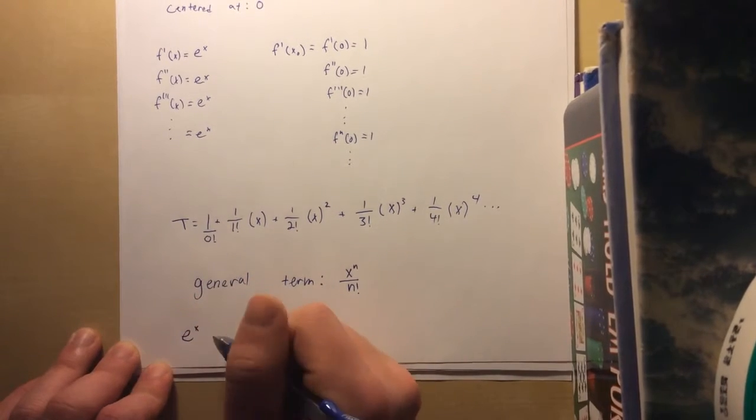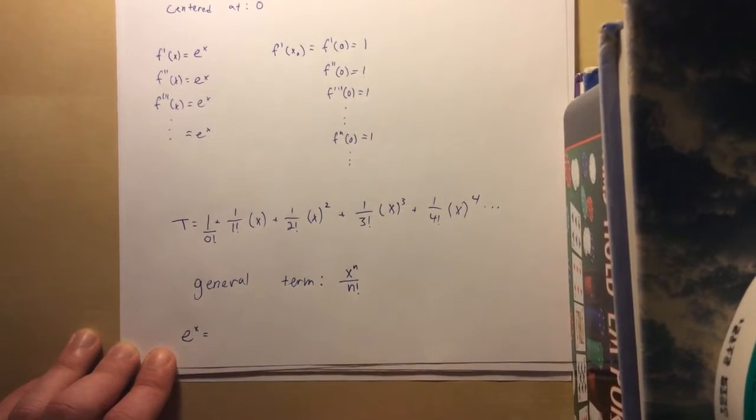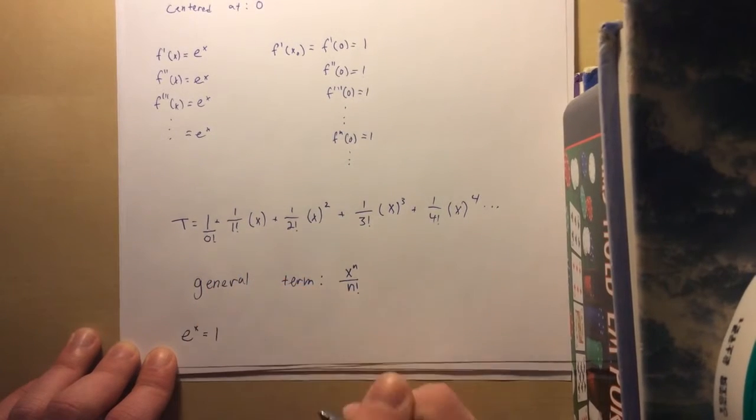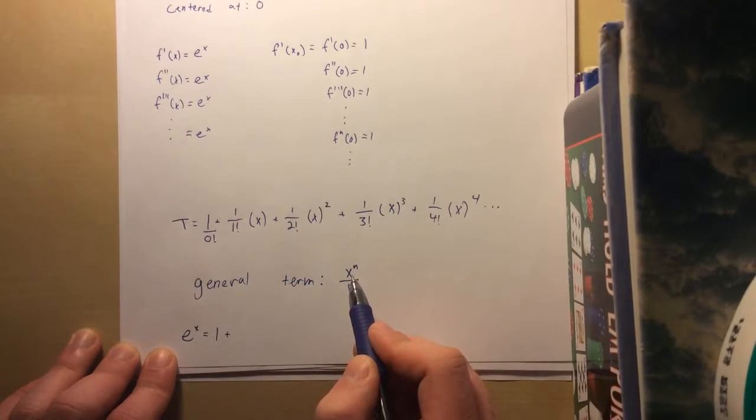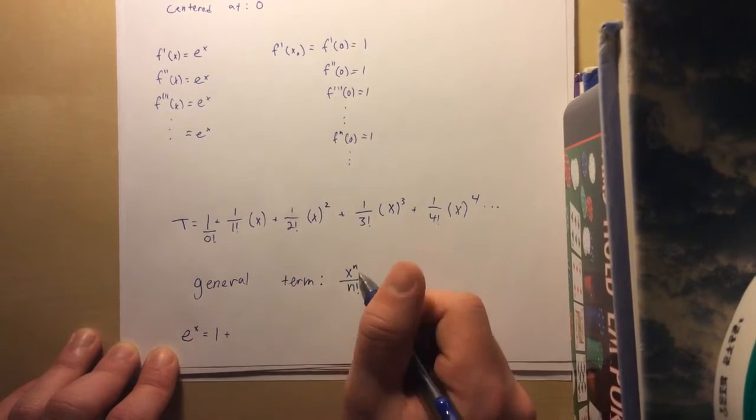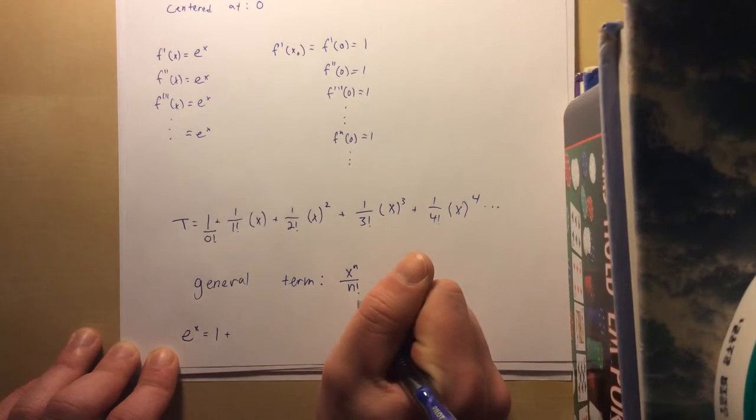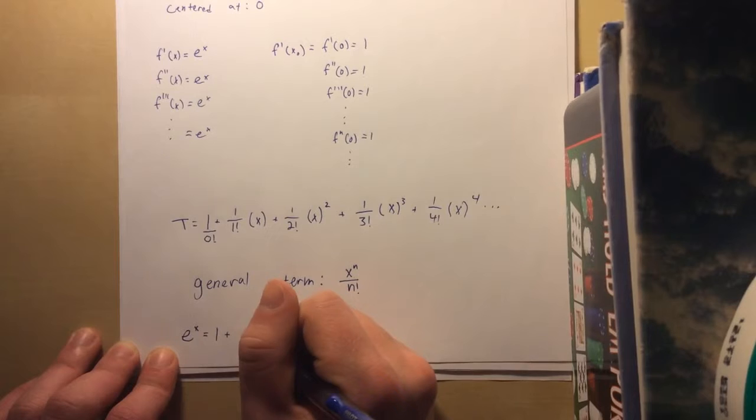Whenever you have e to the x, you can rewrite that as 1 plus the sum of x to the n over n factorial. This is going to be our n equals 1, so 1 over 1 factorial, which is just 1.